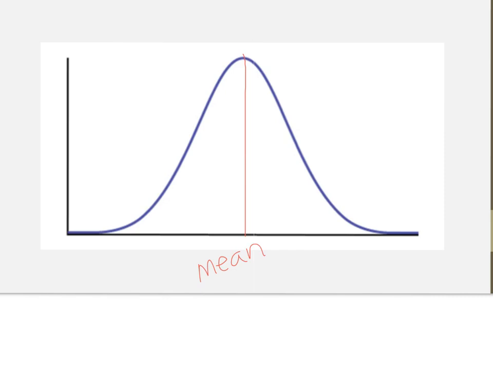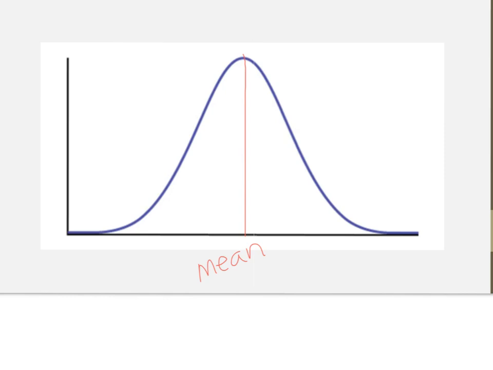Again, this is our mean value. This x-axis is some kind of number, so if these are test scores, these would be the test scores, and this would be the frequency, so how many students scored that particular score on a test. Right in the middle here we have our mean.